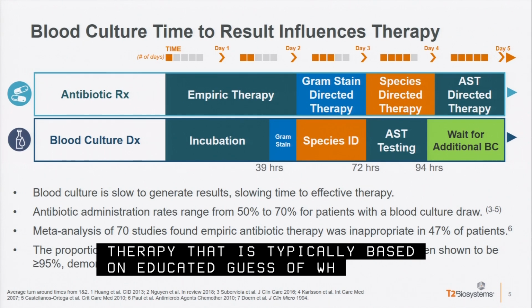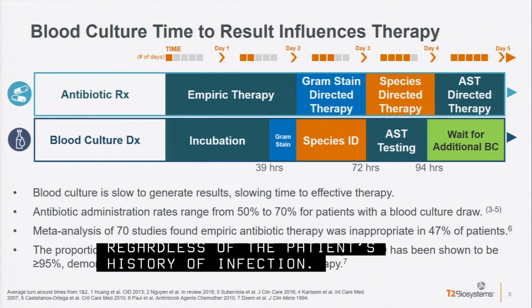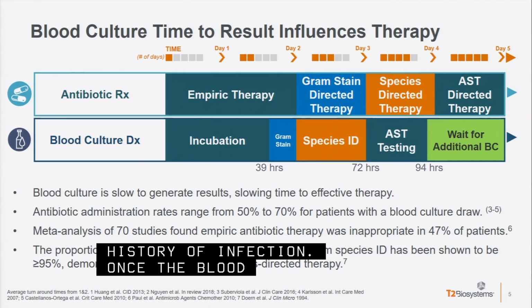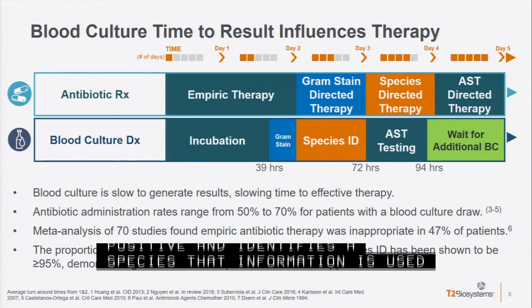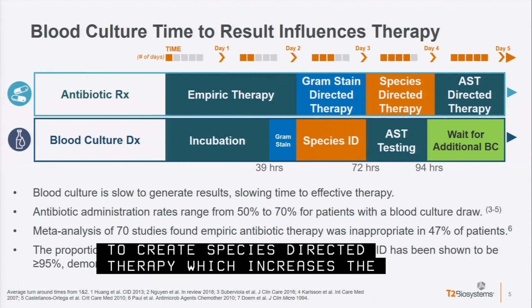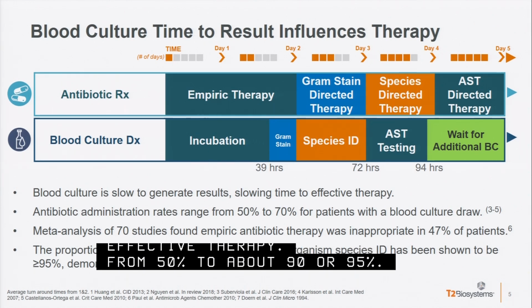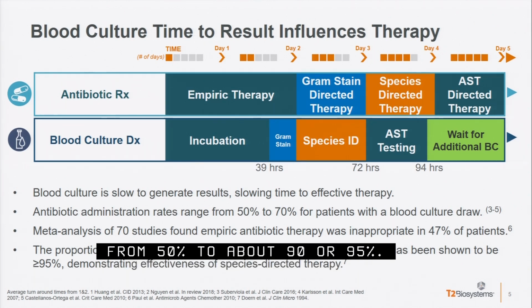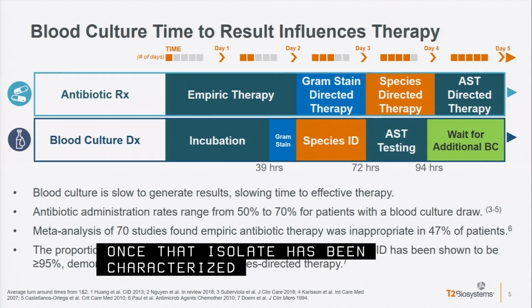Once the blood culture comes up positive and identifies a species, then that information is used to do what is called species-directed therapy, which greatly increases the likelihood that a patient is on effective therapy, going from about 50% likelihood to about 90-95% likelihood. And then once that isolate has been characterized for susceptibility and that resistance information is available, that information helps close the gap and get patients on the exact correct therapy.